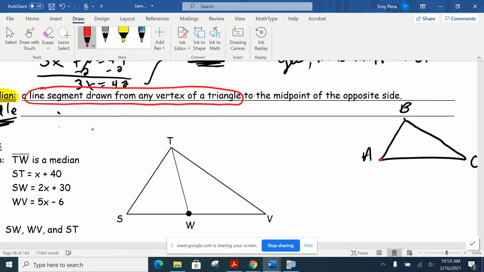So I'm going to have you start at A, and we're going to draw a line segment to the opposite side, over here to BC. But we want to draw it so that it's right in the middle. So if you look at BC, wherever you think the middle is on yours, put a dot. And when I now connect the vertex to the middle of the opposite side, that's our median for point A anyway.